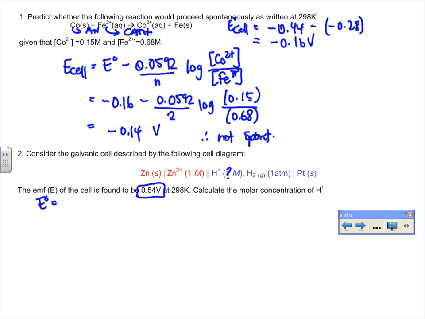The SHE electrode is 0, minus negative 0.76. So the E naught for this is 0.76. This is one of the ones we saw early on in our galvanic lesson.